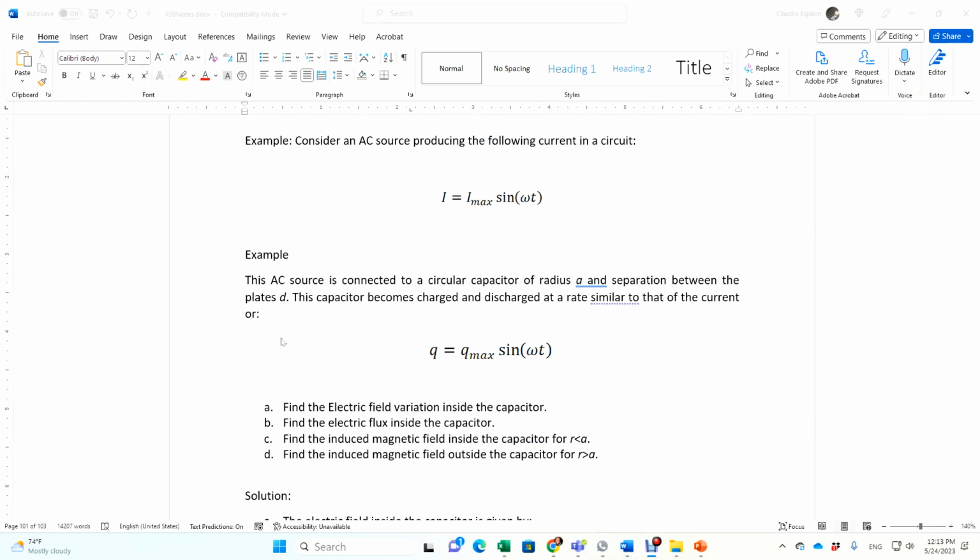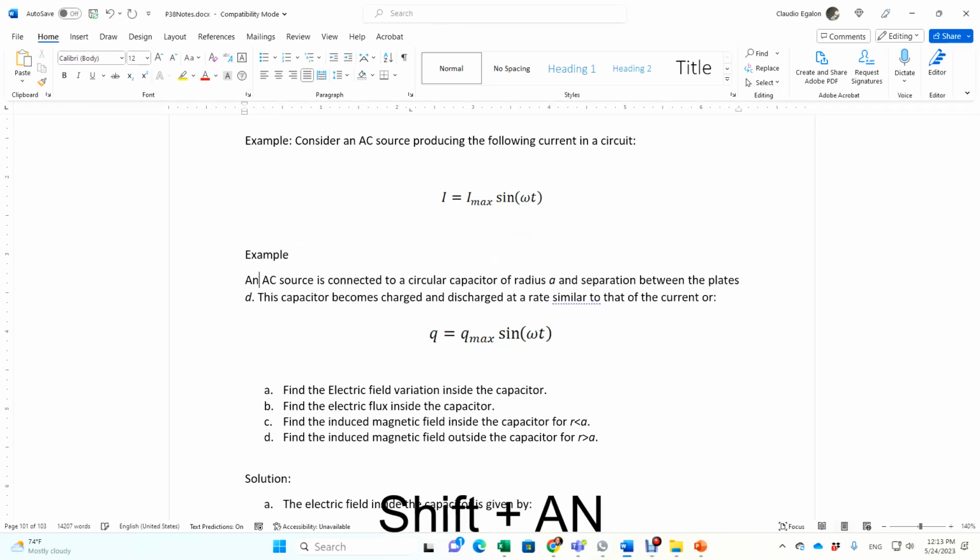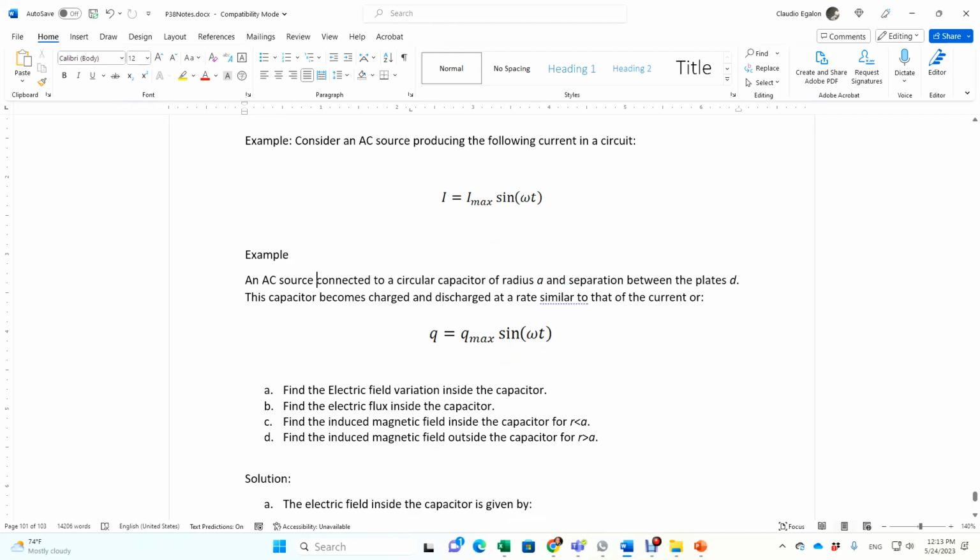We have an AC source connected to a circular capacitor of radius A and plate separation D. This capacitor becomes charged and discharged at a rate similar to that of the current, so it's going to be Q max sine of omega t. We have the generator generating a current in a sinusoidal fashion.